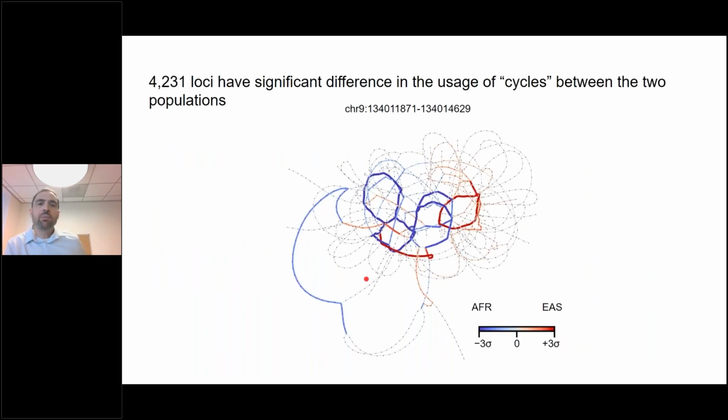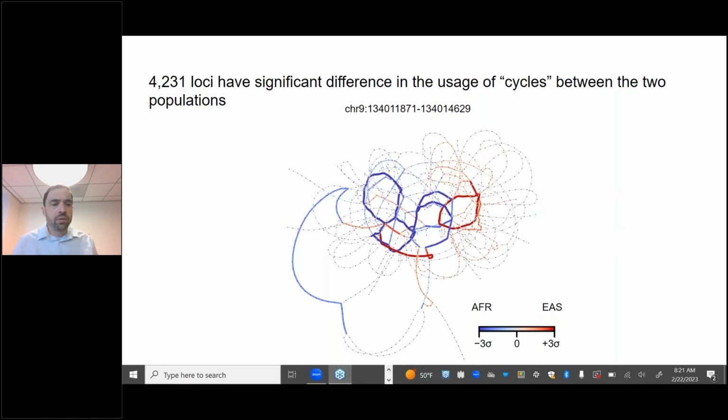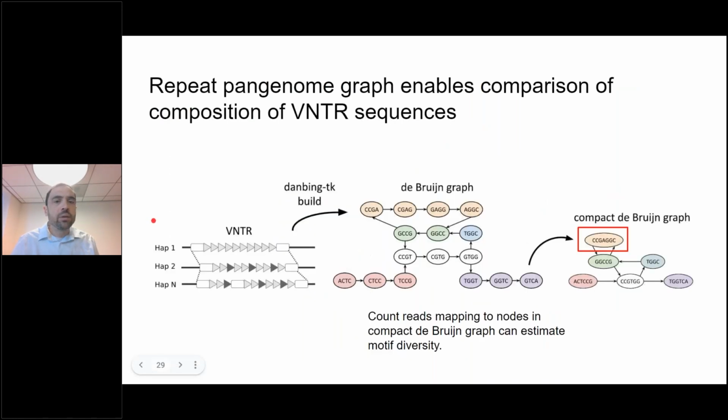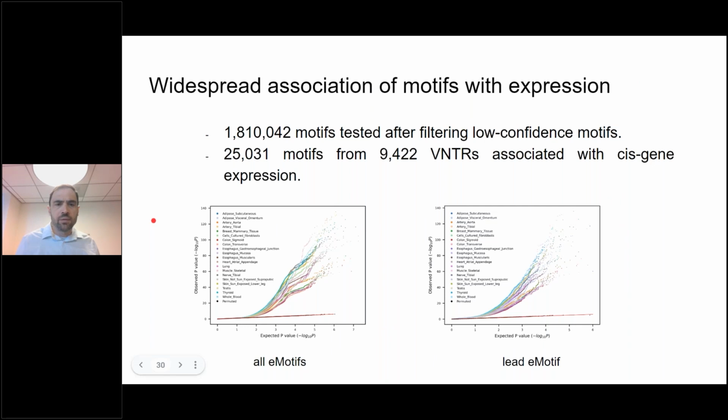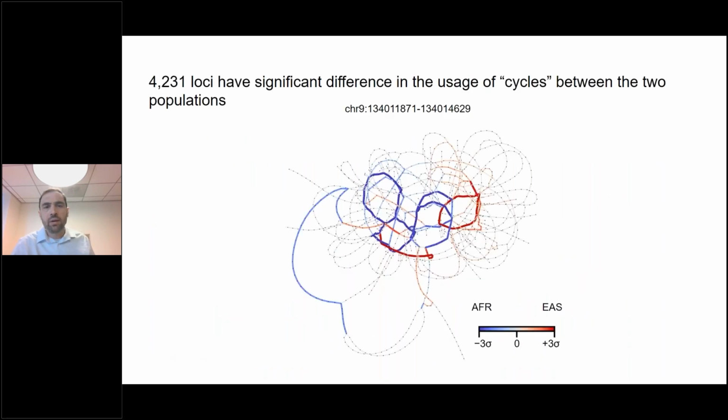And in fact, just like before, when we looked for stable differences in overall copy number, we can find stable differences in how different populations map to the repeat pan-genome graph.